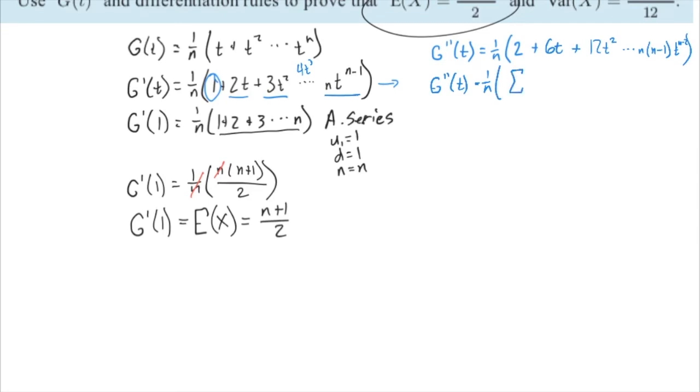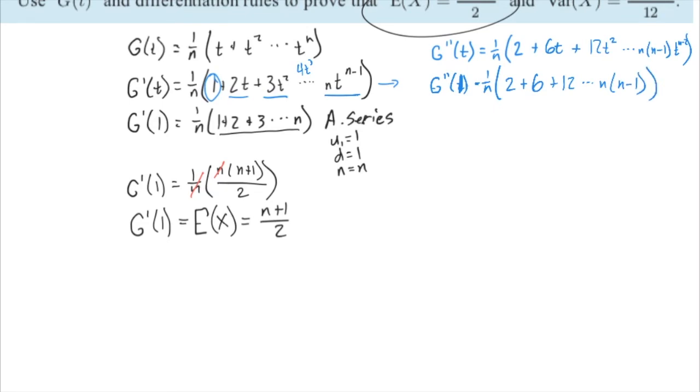Now I'm looking for a pattern. Sorry, I really should put in the 1 first. Let's go ahead and put the 1 in. If I put the 1 in, then what I'm going to get is 2 plus 6 plus 12, all the way up to n times n minus 1, just like that.